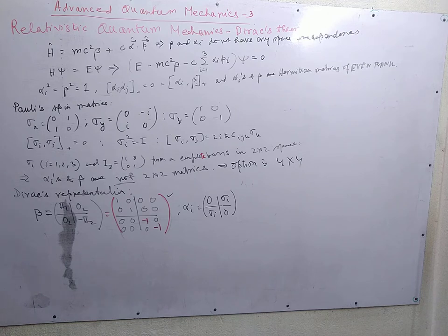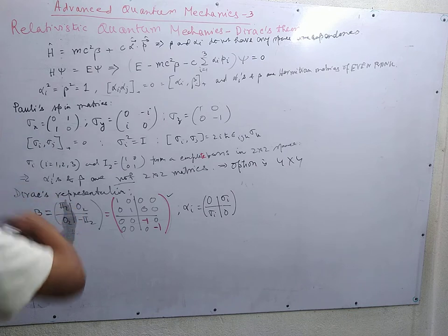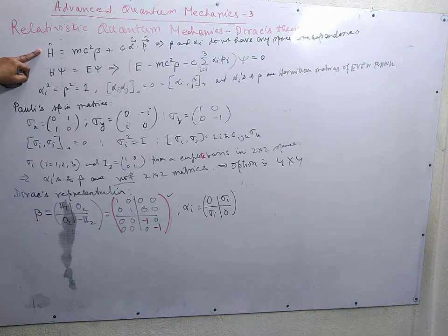These were the matrices. So we conclude that this is the linearized Hamiltonian as per Dirac, which involves 4 operators: alpha x, alpha y, alpha z, and beta.